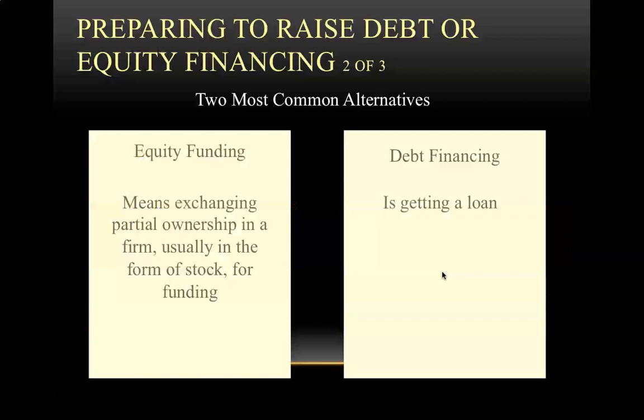Two most common alternatives in raising debt or financing: equity funding, which means exchanging partial ownership in a firm, usually in the form of stock, for funding. It's not uncommon that investors or venture capitalists are raising funds for the company.